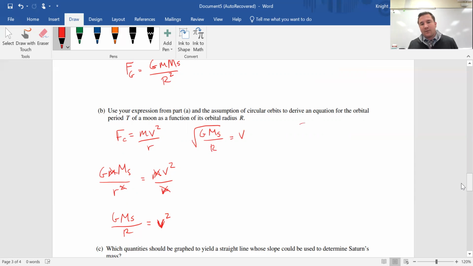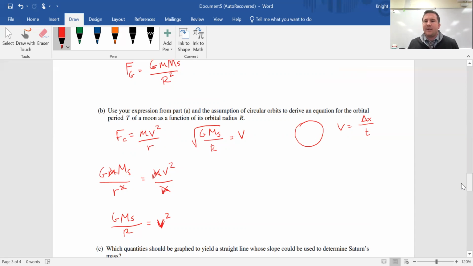All right, and if we're talking about an object moving in a circle, and we have v, but we want to replace this with something that has to do with time, we know velocity is displacement divided by time. In this case, we're not going to use an actual displacement because that would give us 0. But we can take it as distance over time if we're talking about speed rather than velocity.